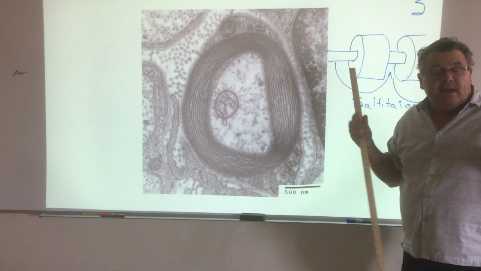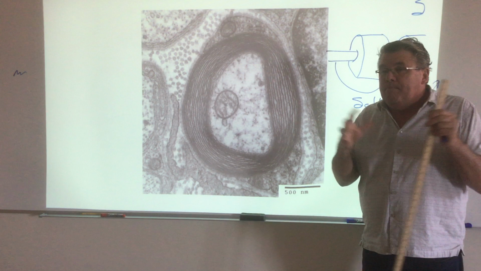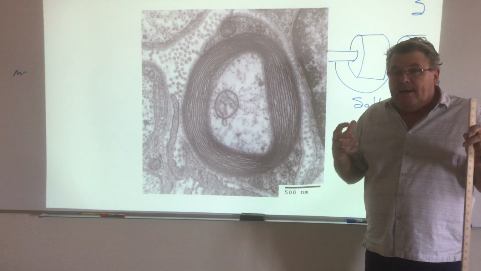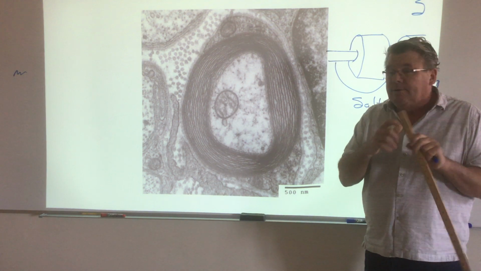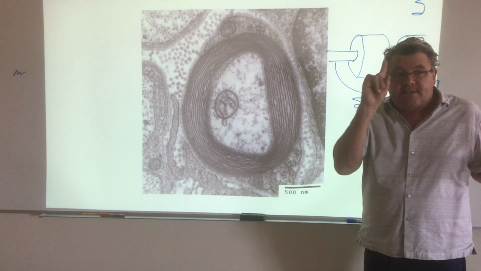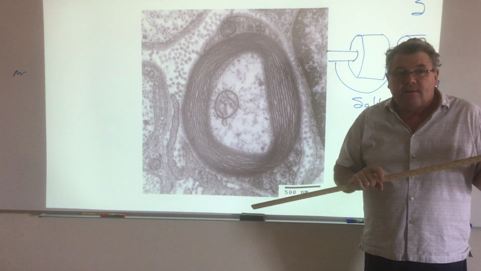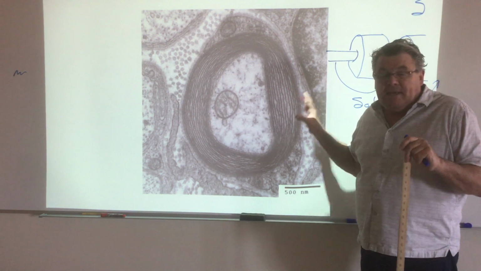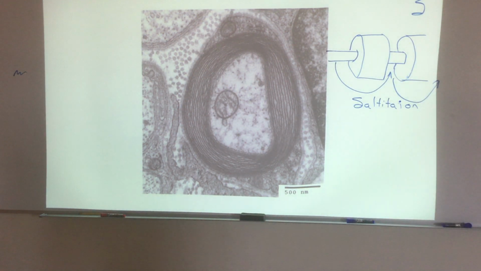And if we go up to a type A, we're talking about a lot of myelin, a big diameter, and possibly even 100, 150 meters per second. And that's pretty fast, going from one side to the other side of the brain. So yeah, these Schwann cells, these oligodendrocytes, are incredibly important.